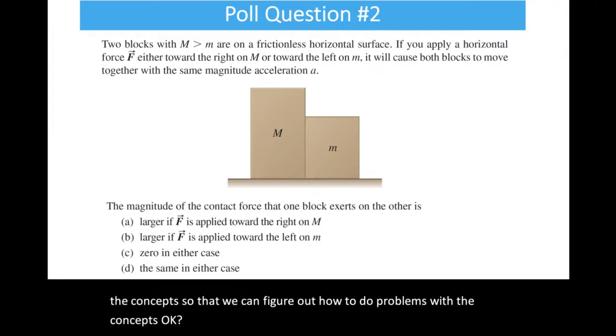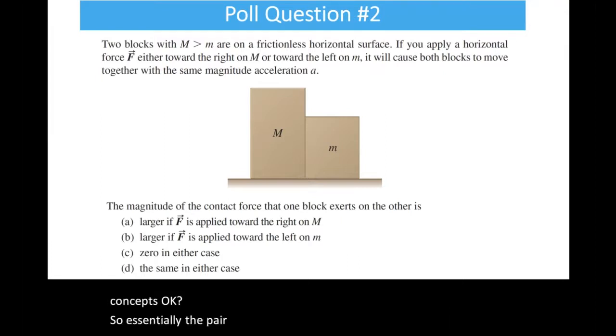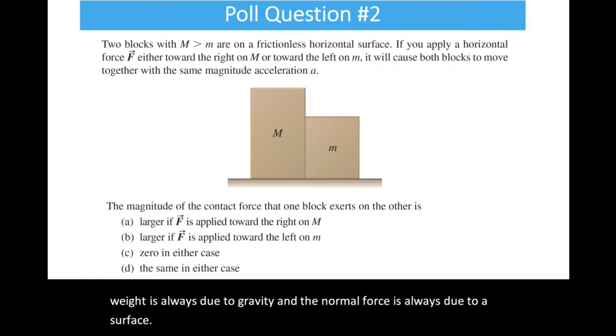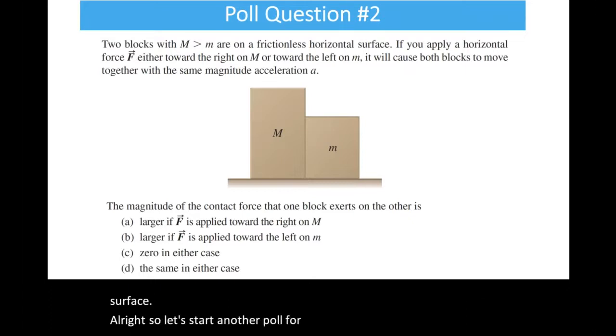So essentially, the pair force of normal forces are never weight, okay? Because weight is always due to gravity, and the normal force is always due to a surface. All right, so let's start another poll for this one.